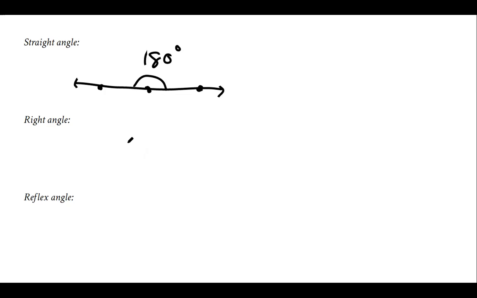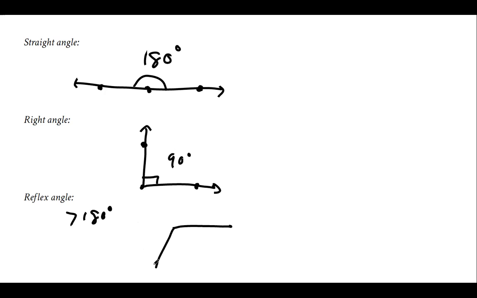A right angle would be half of a straight angle, and it has a degree measure of 90 degrees. Right angles are always denoted with this squarish symbol as opposed to this circle for other angles.